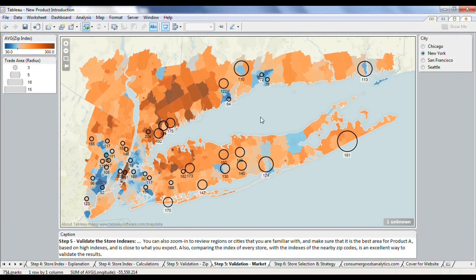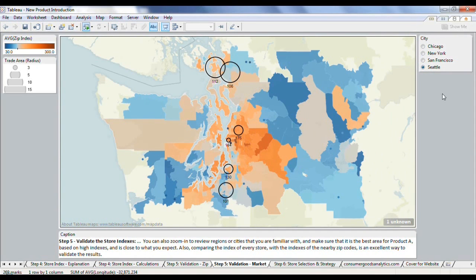And we see some of the other stores that index pretty low. For example, this store here in Milford, Connecticut, index is pretty low, and we see that the surrounding zip codes index pretty low. They're more towards the blue side.